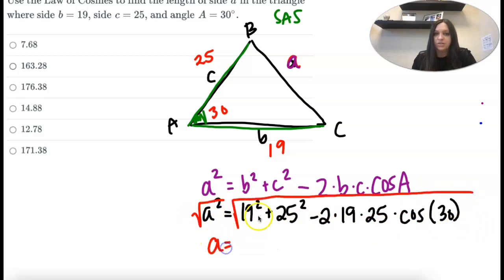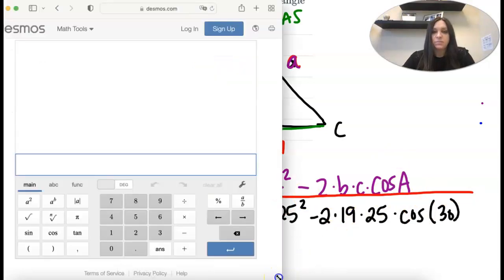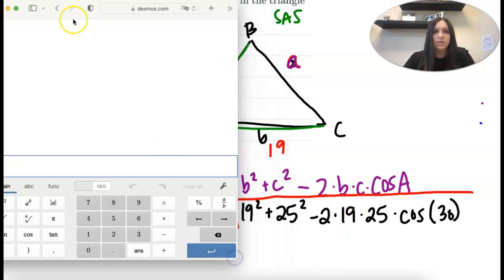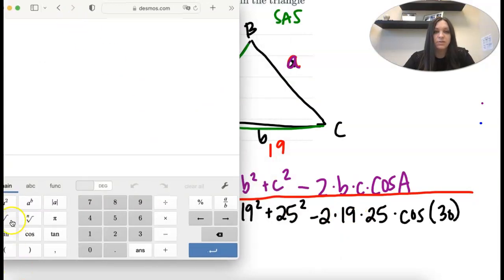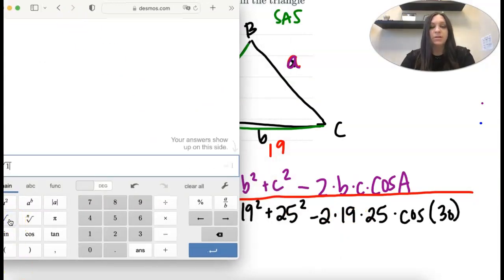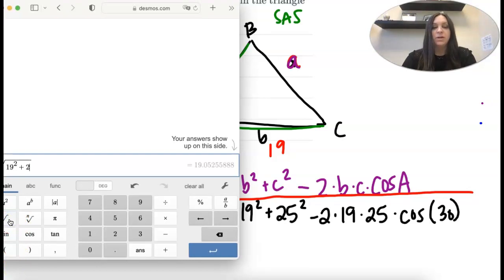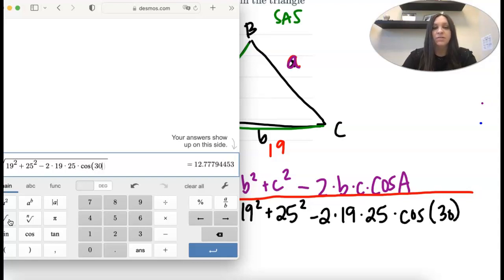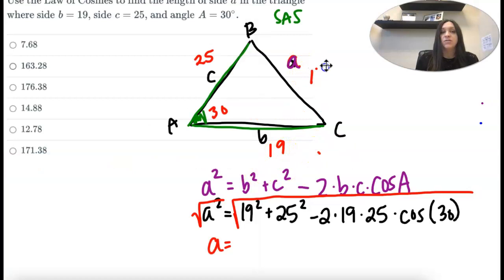So a is actually the square root of this whole thing. So I'm just going to type it in with the square root. So square root of 19 squared plus 25 squared minus 2 times 19 times 25 times cosine of 30. That's a lot, but what that gives us is side a, 12.78.